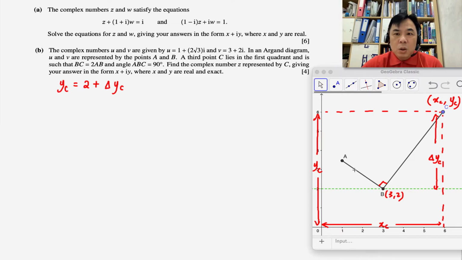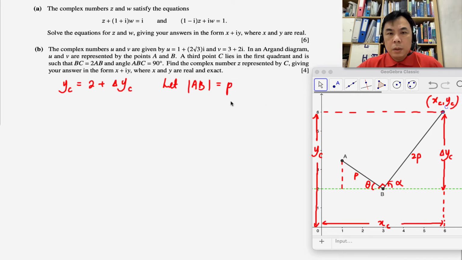Let the length of AB be, let's just call it P, it's easier to relate. Therefore, if the length here is P, then this one must be 2P. That's what we know. Next, we can make use of the argument, so take for instance the argument for AB.